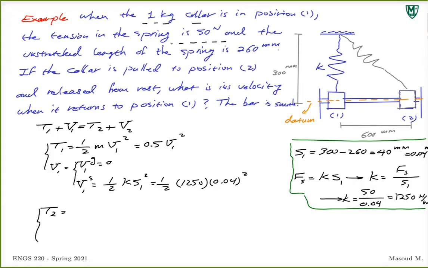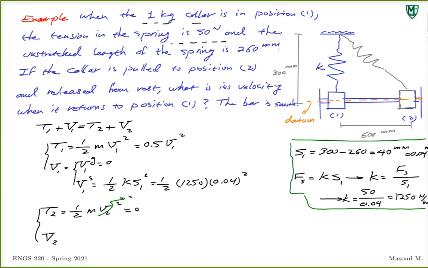It is 0, exactly, because we release it from rest. So 1/2 mv2 squared, well, that is 0. So the whole thing is 0. No kinetic energy at that moment. We just release it from rest.